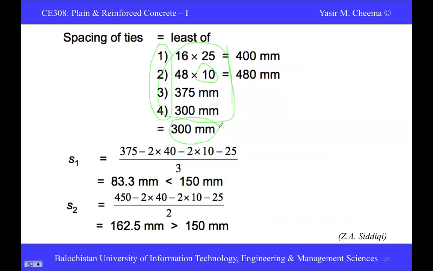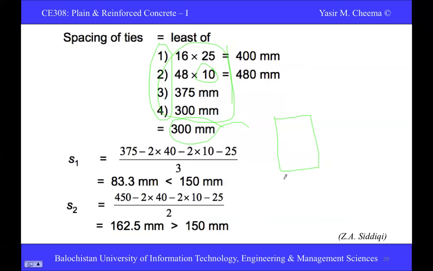Now this spacing is the spacing between ties, from one tie to another tie. Now we also have to find the spacing among the steel bars, the longitudinal reinforcement. There is also some spacing, so we need to find it. Let me just draw over here.